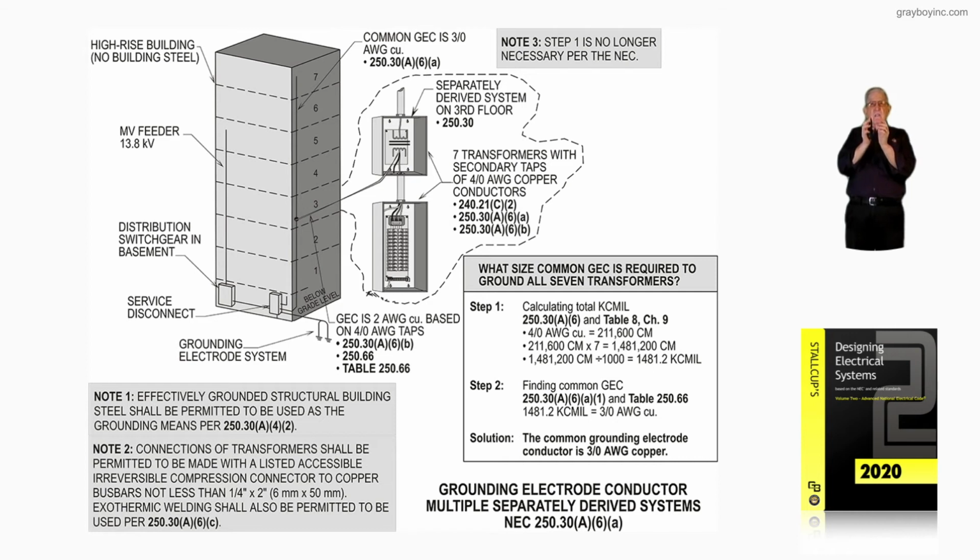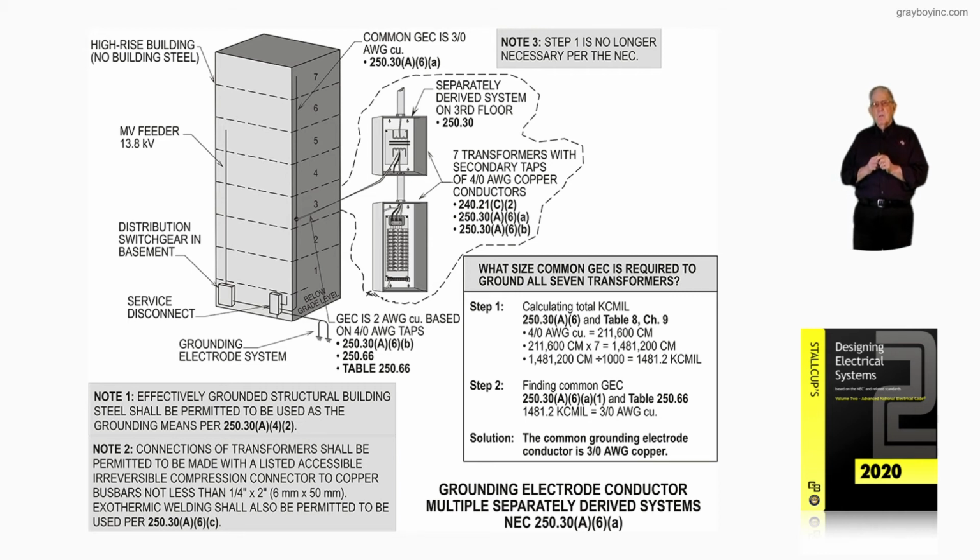Now that's called out there where it says, yeah, we have 7 transformers, one on each floor, starting with the first floor up to the seventh floor. And we just called out the 3rd floor there. But notice in times past, in step 1, they would take the 4/0 conductors tapped from the secondary side of that transformer and terminate it in that main.